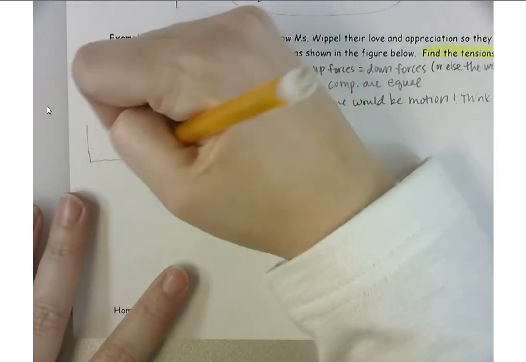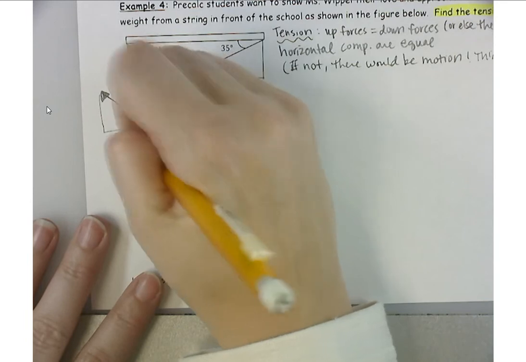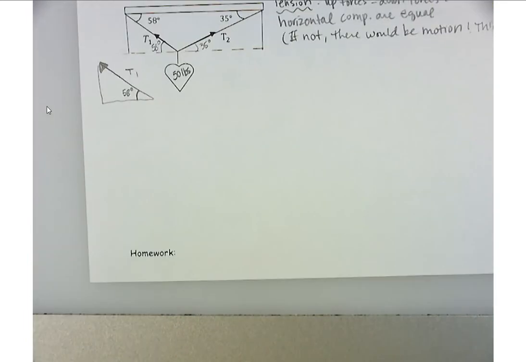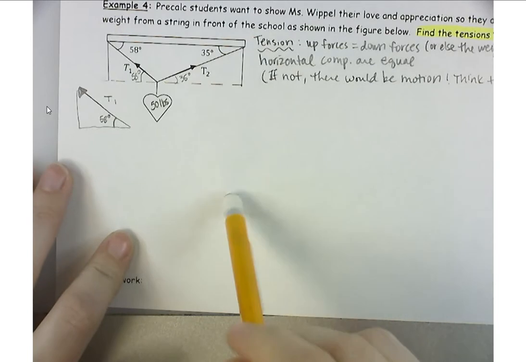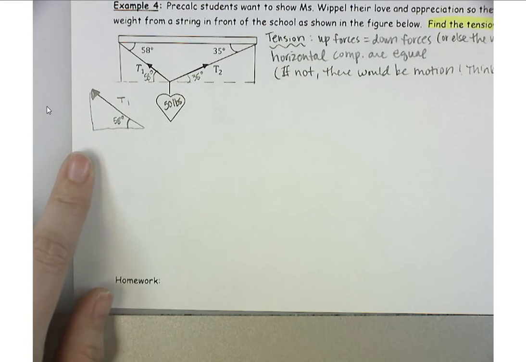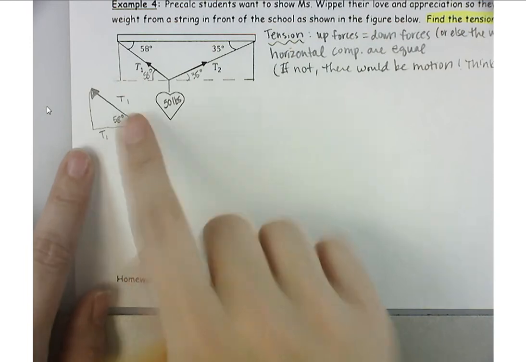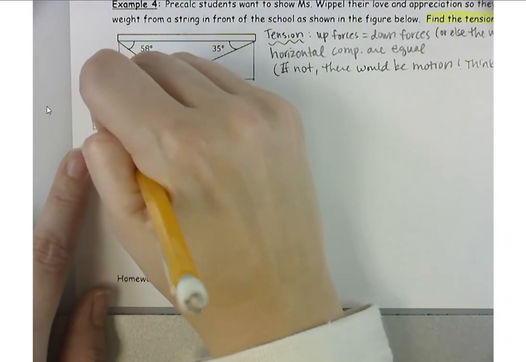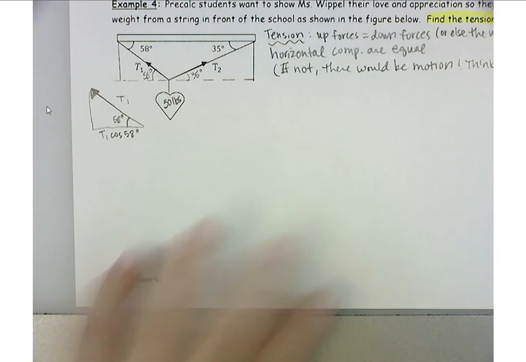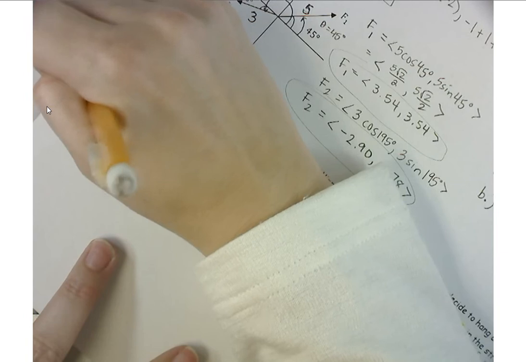Okay, so this is going to be my tension 1, my T sub 1. Okay, and my T sub 1 triangle, this angle is going to be 58 degrees. Now remember, with a vector, this is going to be your horizontal component, this is going to be your vertical component. So your horizontal component is the magnitude, which is T sub 1 times the cosine of 58 degrees. And your vertical component is going to be T sub 1 times the sine of 58 degrees.